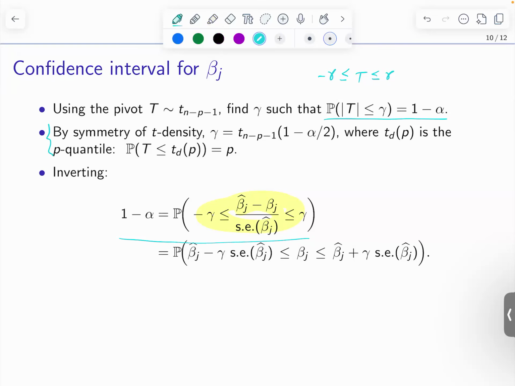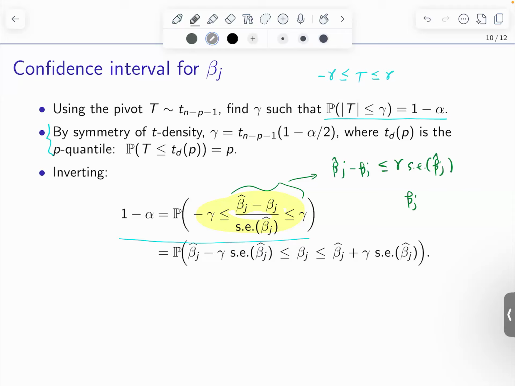Let me do one of them so you can see. Take that inequality. So you get beta hat j minus beta j, I multiply by the standard error, so I get gamma times the standard error of beta hat j. Then I rearrange, put the beta j on the other side, and move the gamma times the standard error to the left.